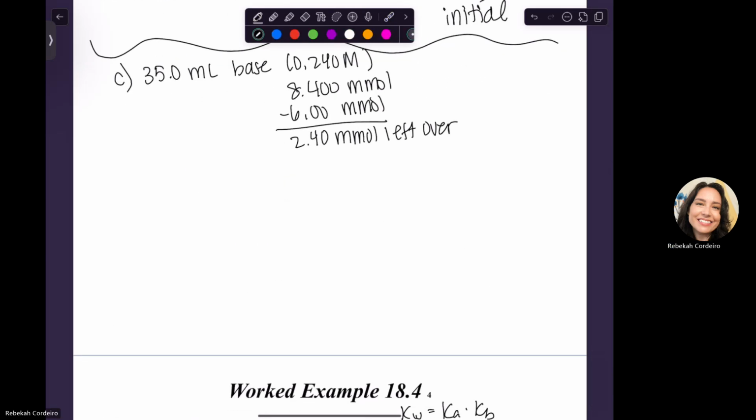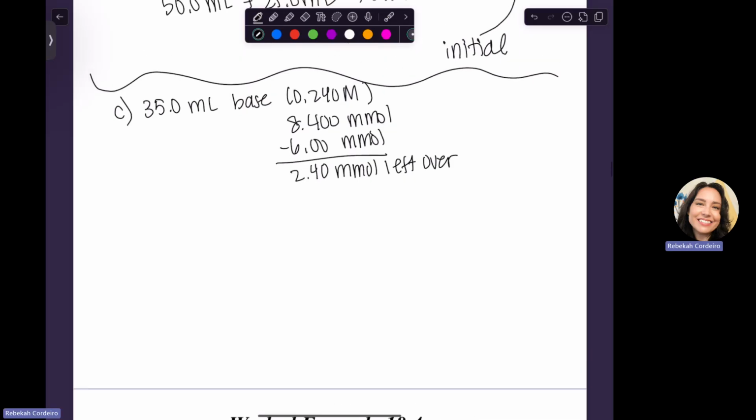How many milliliters was that? So that was 25 milliliters that went with the 6. So how many over was this? 35 minus 25 is 10 milliliters over.